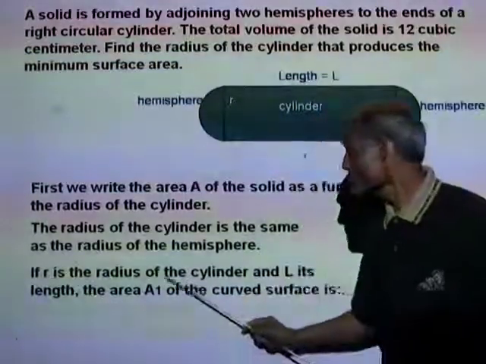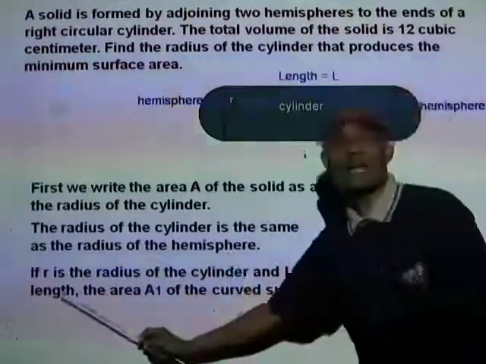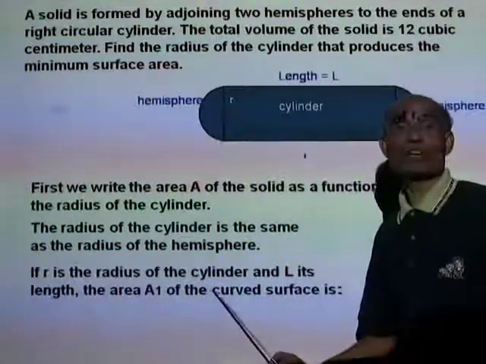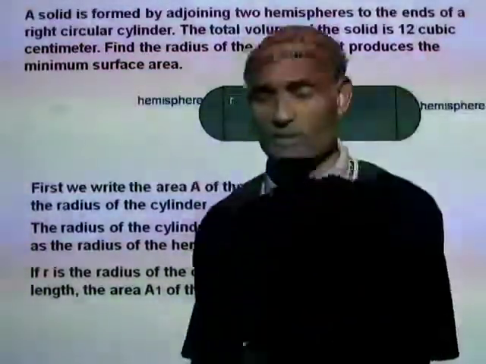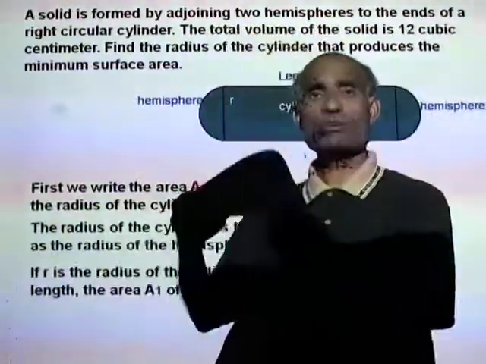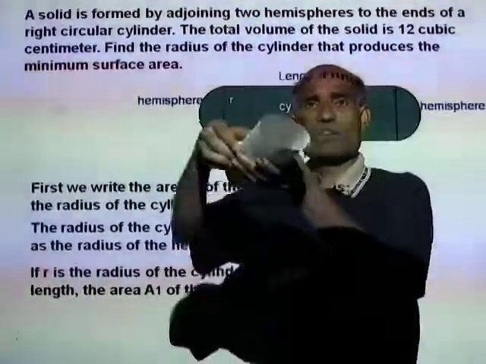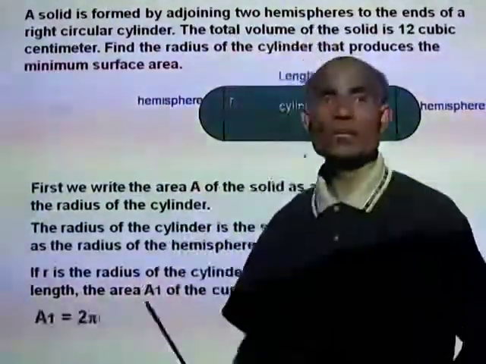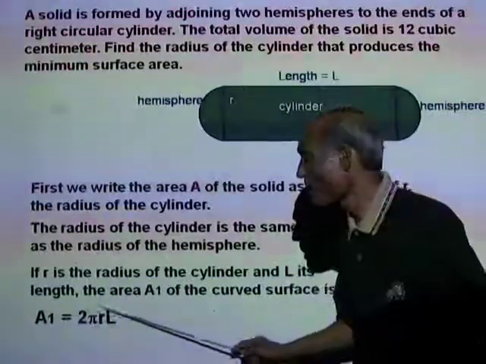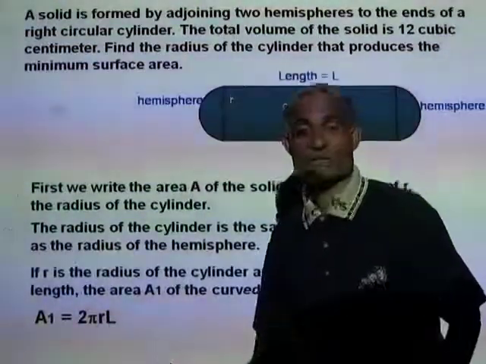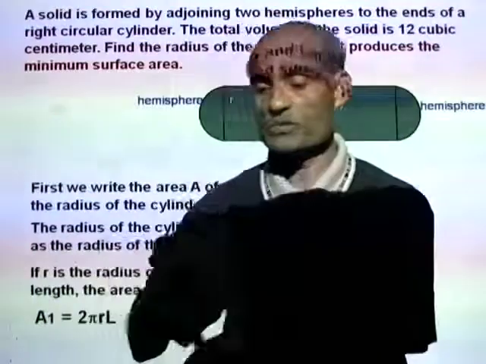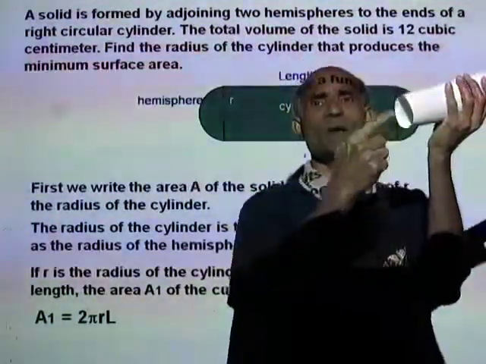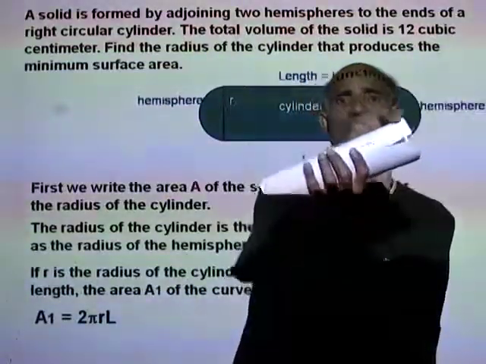If r is the radius of the cylinder and L its length, then the area A1 of the curved surface, that's what I just showed you, will be equal to 2 pi r times L. Is that right? 2 pi r is the circumference of the circle, and L is the length.